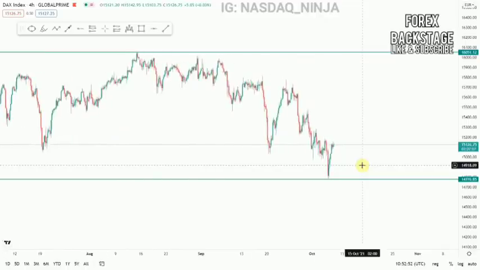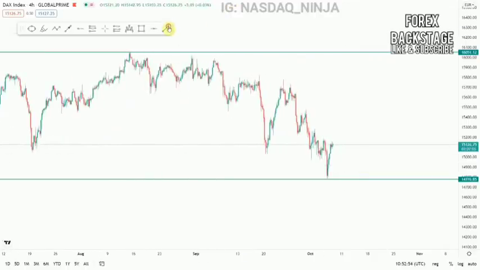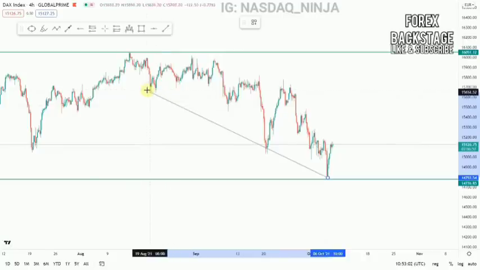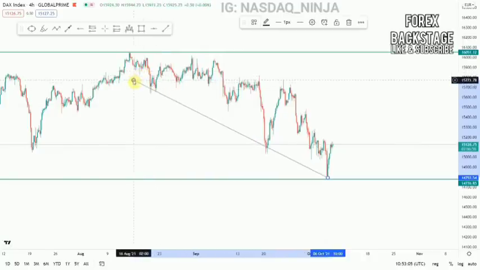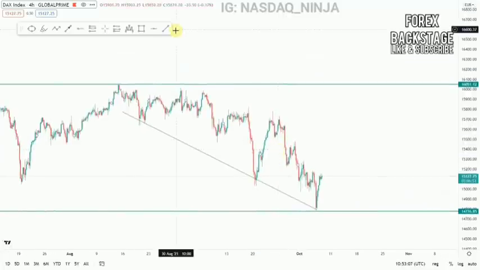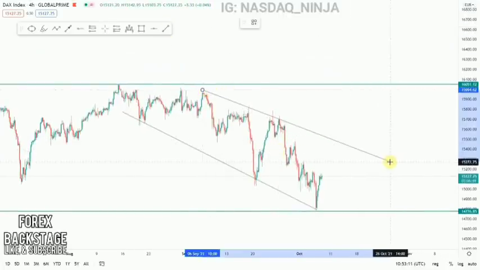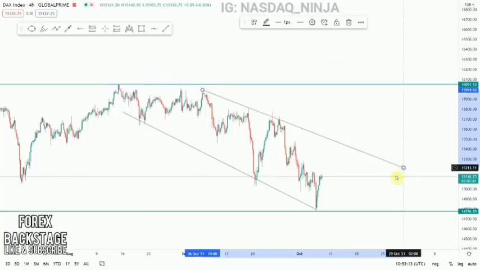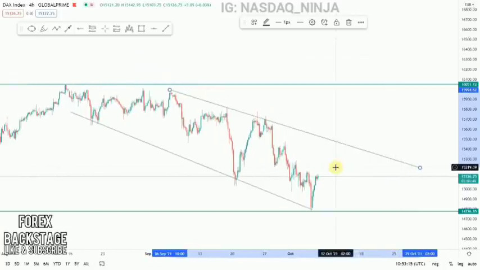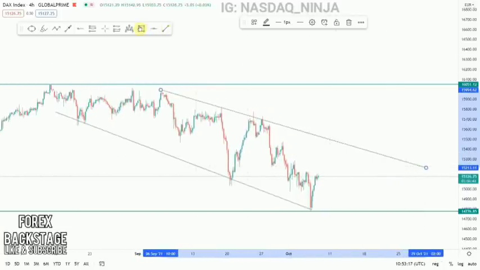After then, if I can create any support, I'll start by getting a trend. So I'm gonna take my trend from the lowest point to the highest point, and then I'm gonna get a trend from this point. You understand? And then once I have my trend like this, I'm gonna plot my support here.